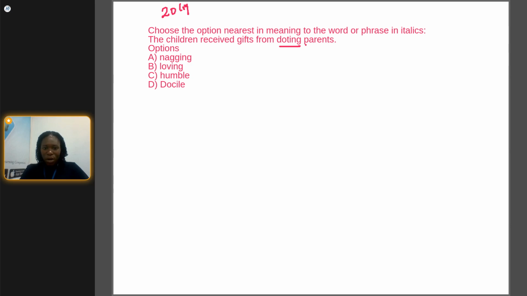So while substituting doting with all of these options, we see that this doesn't work, this doesn't work, and this doesn't work, and this is the option that works. It means that the nearest in meaning to the word that we have here is loving, because all of the others, after substituting them, could not really fit.